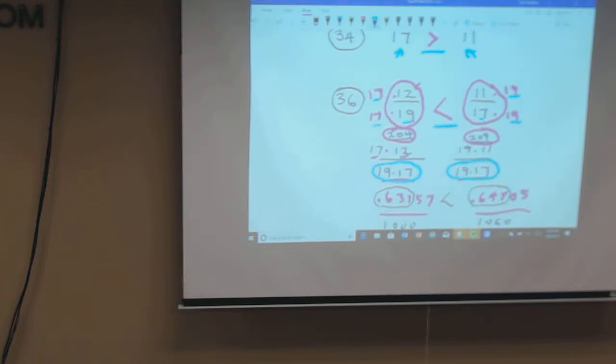So then what's my numerator? Well, what's 17 times 12? 204. What's 19 times 11? 209. So, if this is 204 with this denominator, and this is 209 with the same denominator, then 204 is less than 209. You follow that?